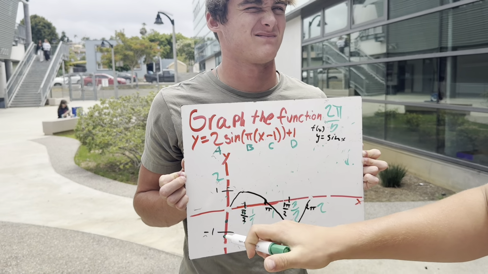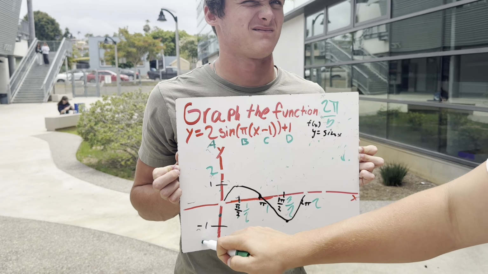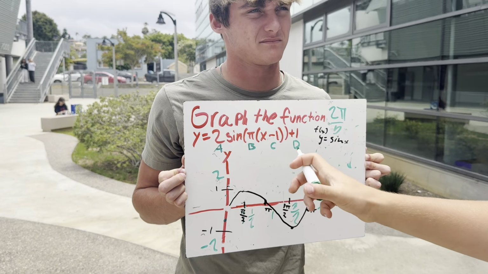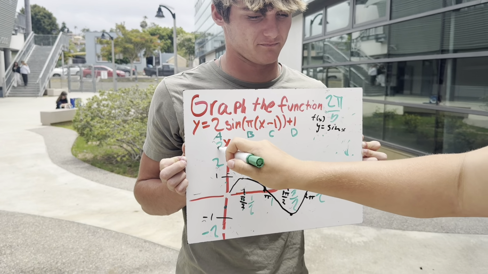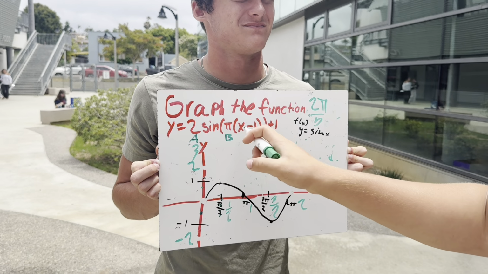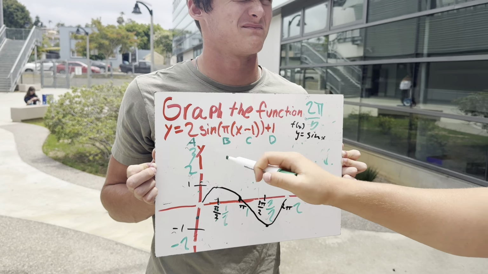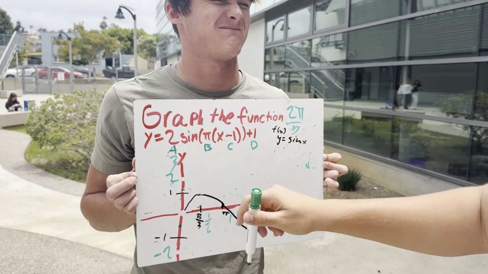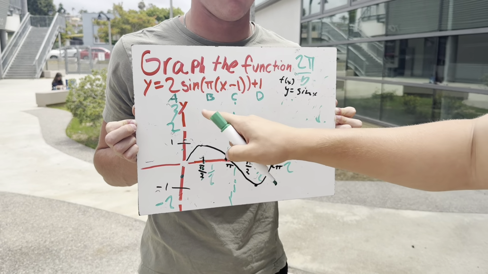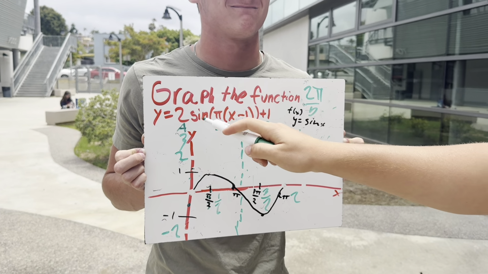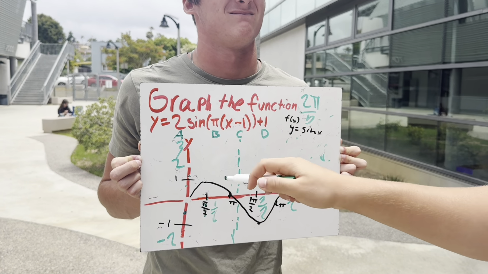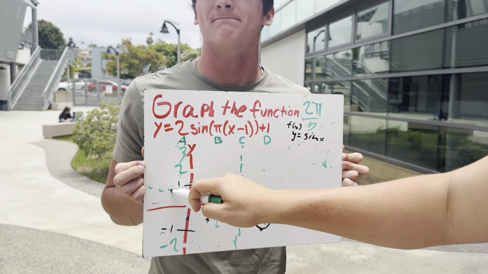So the amplitude makes this 2, and this negative 2. But since we're going up by 1, this needs to be 3, and this goes up to negative 1. And we've got to get our things set, so our horizontal shift at 1 would be here, and our vertical shift would be at 1 as well, so it would be here.